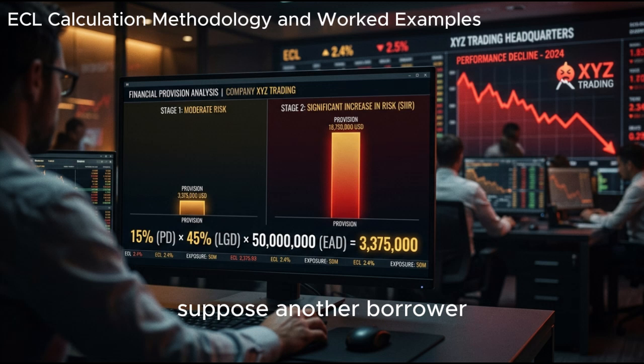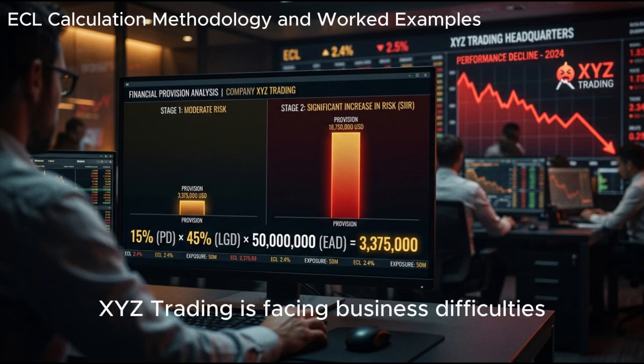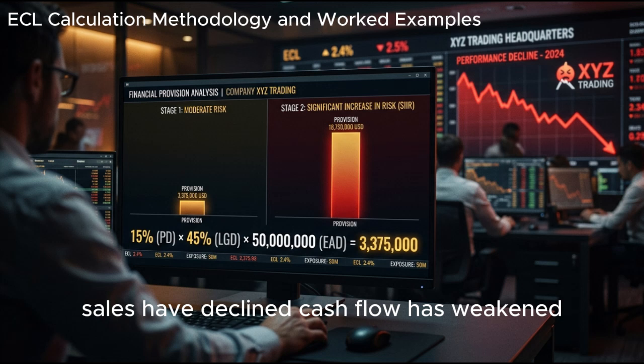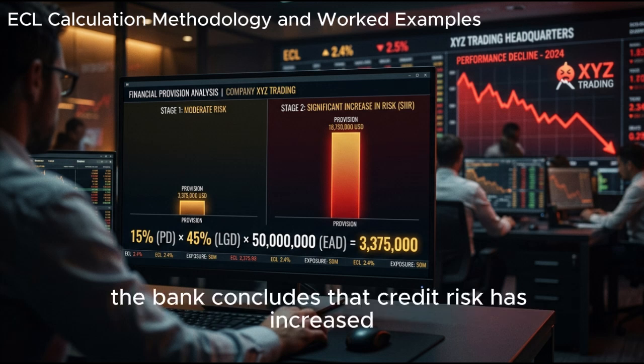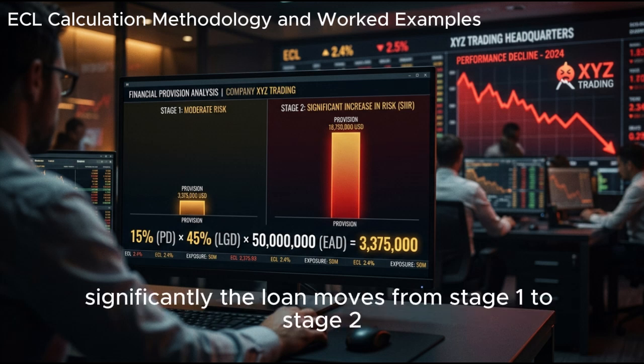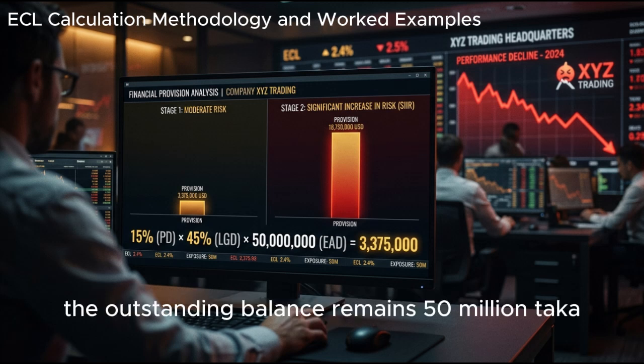Suppose another borrower, XYZ Trading, is facing business difficulties. Sales have declined, cash flow has weakened, and loan repayments are becoming irregular. The bank concludes that credit risk has increased significantly. The loan moves from Stage 1 to Stage 2. The outstanding balance remains 50 million taka.